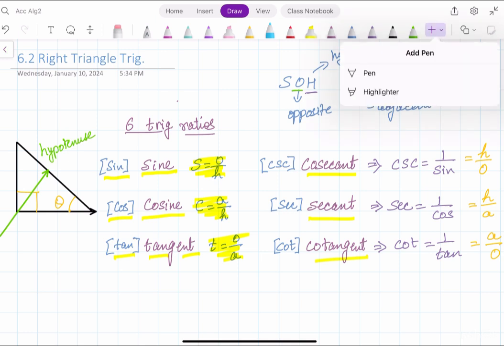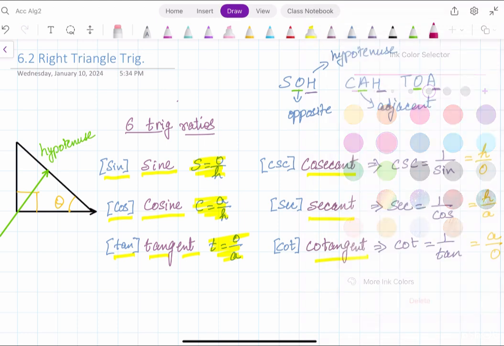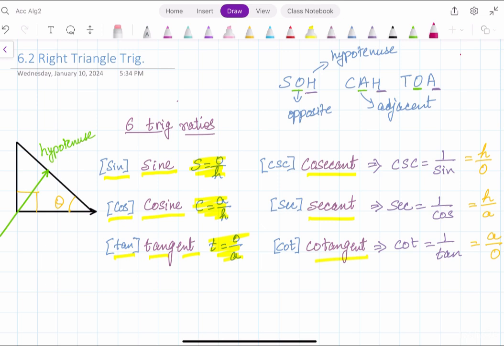And how to understand the adjacent and the opposite? There are different ways. You can say the hand rule, the finger rule, whatever works for you. The main idea is if you put your hand on the given angle theta, that will touch the adjacent side and the hypotenuse.